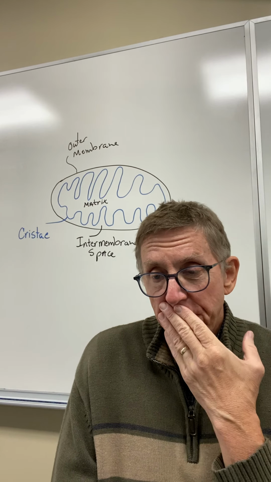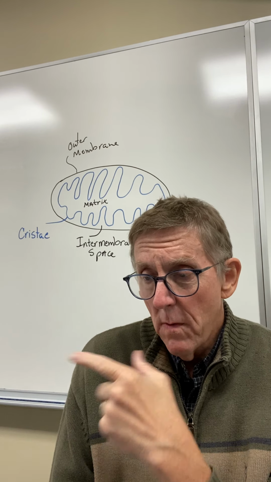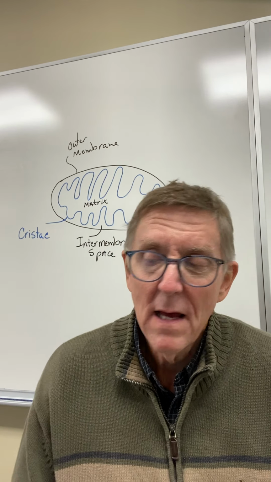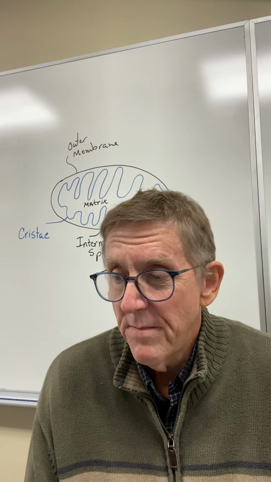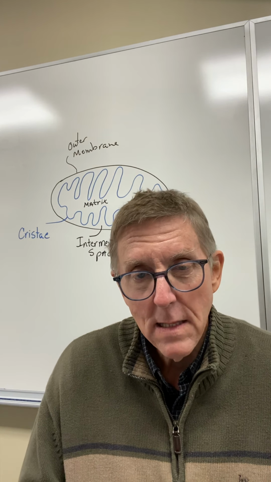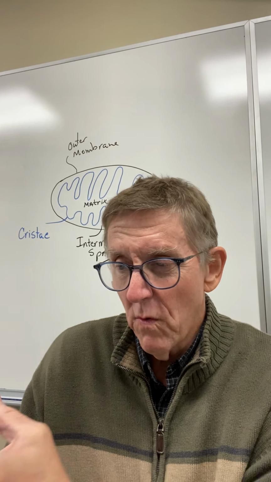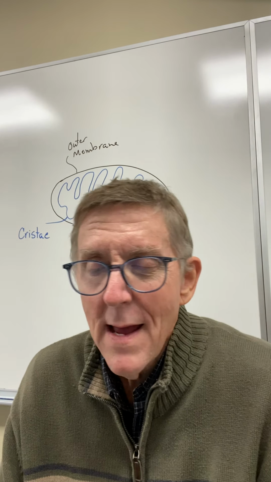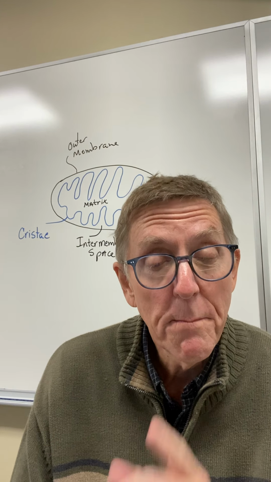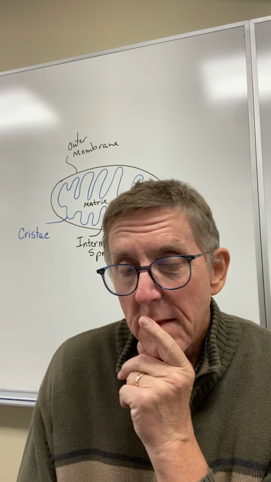And on your slides, you have a picture from a micrograph where they've highlighted it with yellow and orange, and then a sort of cartoon type drawing. And there's all these pieces and parts of the mitochondria.